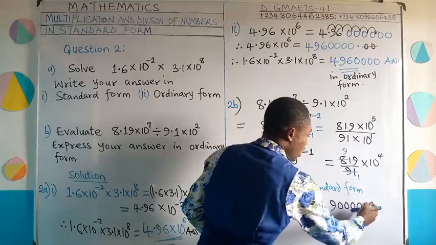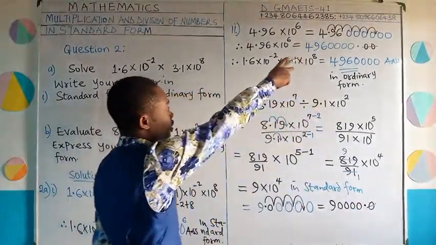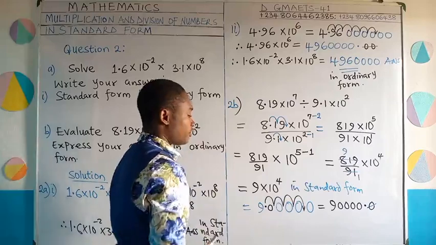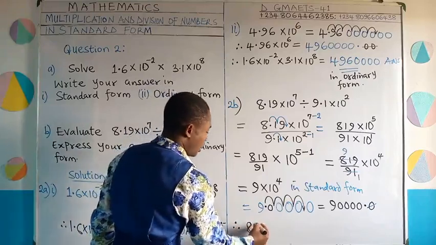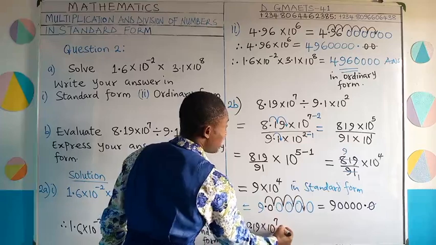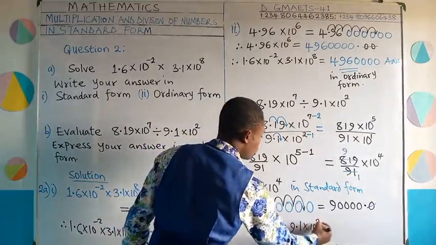Since you have 0.0 here, after this point, this is 0. This 0 does not mean anything, just like what I explained in this part here, okay? So you just cancel it off. We can now conclude, therefore, 819, that is 8.19 times 10 raised to the power 7 divided by 9.1 times 10 raised to the power 2.